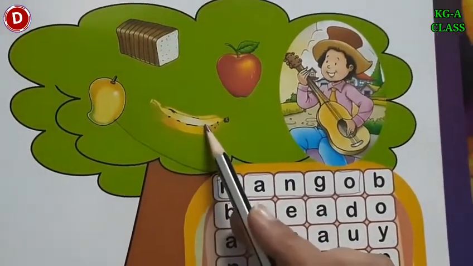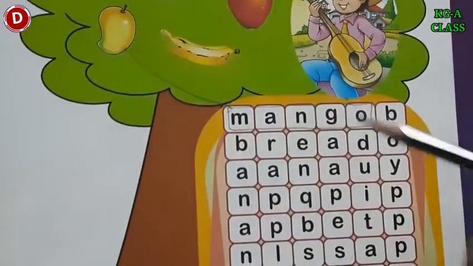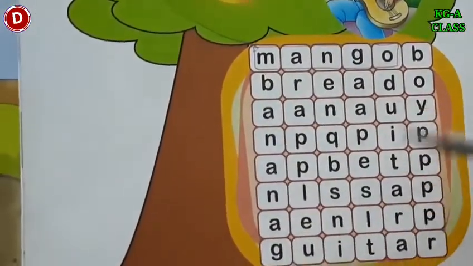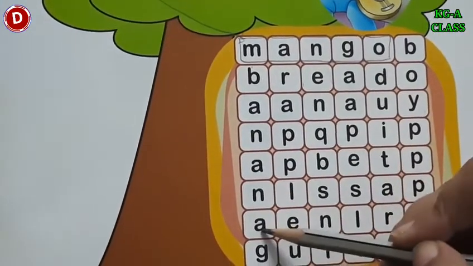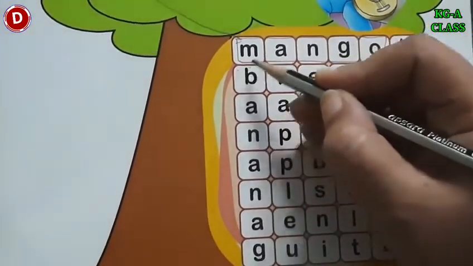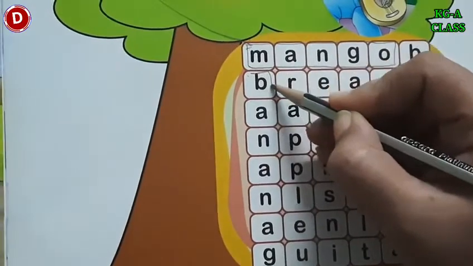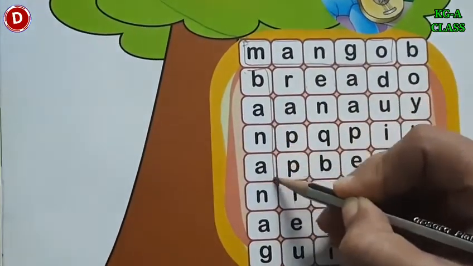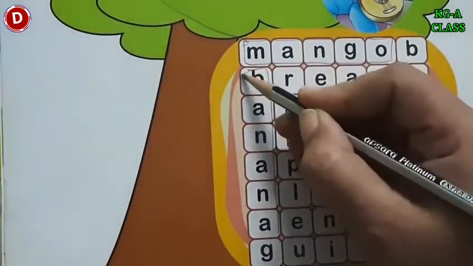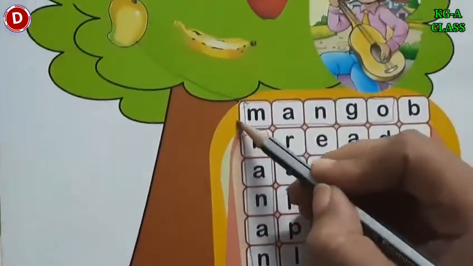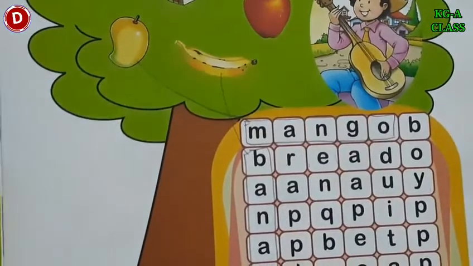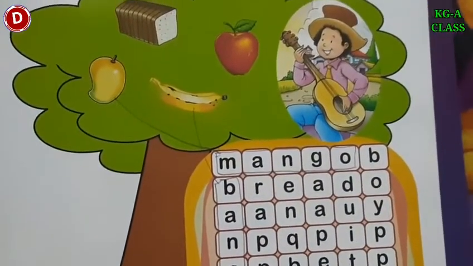This is a fruit, banana. Let's find its name here in this puzzle. B-A-N-A-N-A, banana. Okay, so again children, you just make a rectangular box on this spelling like this, and then join it with this fruit with a pencil.